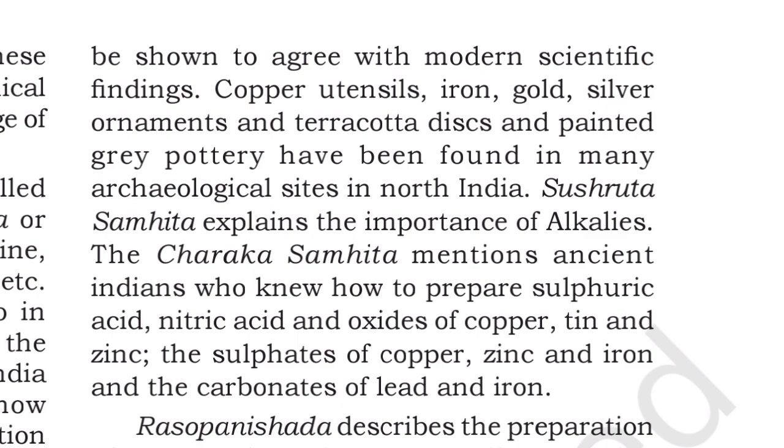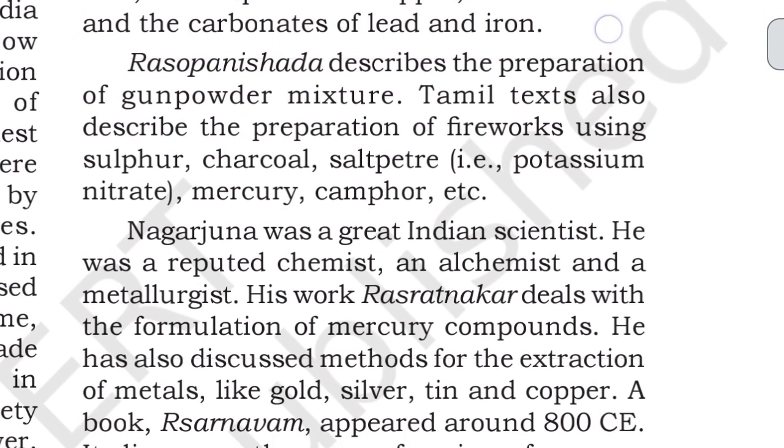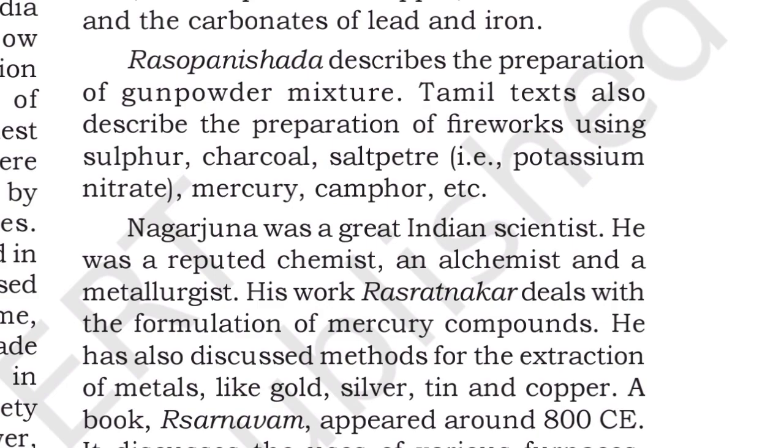The Charaka Samhita mentions that ancient Indians knew how to prepare sulfuric acid, nitric acid, and oxides of copper, tin, and zinc, the sulfates of copper, zinc, and iron, and the carbonates of lead and iron. Rasopanishada describes the preparation of gunpowder mixture. Tamil texts also describe the preparation of fireworks using sulfur, charcoal, saltpeter, that is potassium nitrate, mercury, camphor, etc.